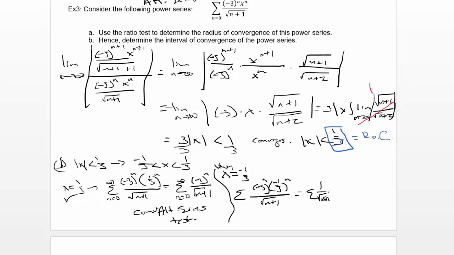This is a p series with p equal to 1/2. P series only converge when p is strictly greater than 1. So this diverges.